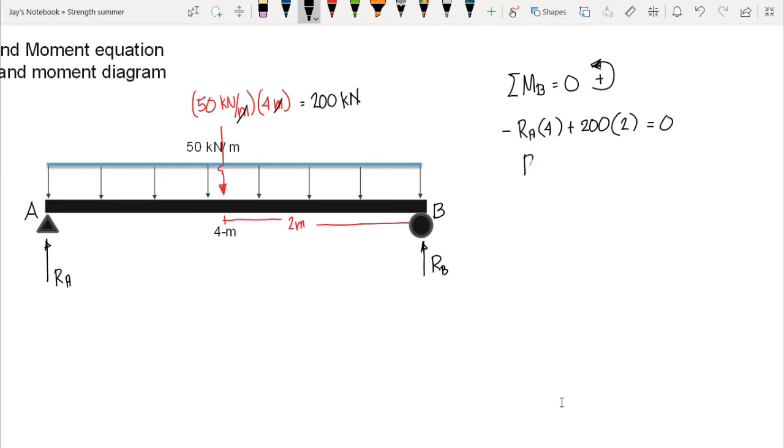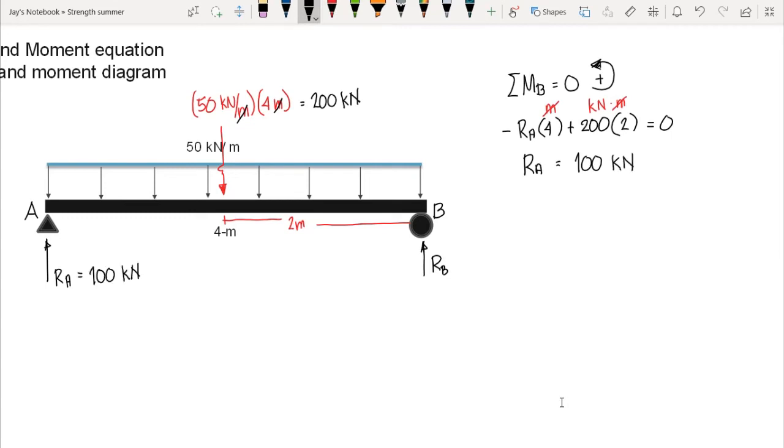And we have RA here, the value of our reaction at A, that is equal to 100. And the unit is kilonewton, since we know that this 200 here is in kilonewton, and 2 is in meters, and 4 here is in meters. So by further simplifying it, we can cancel out meters, so the remaining would be kilonewton.